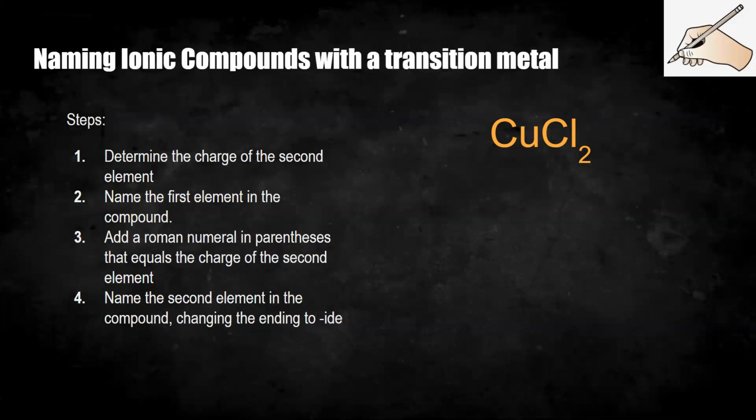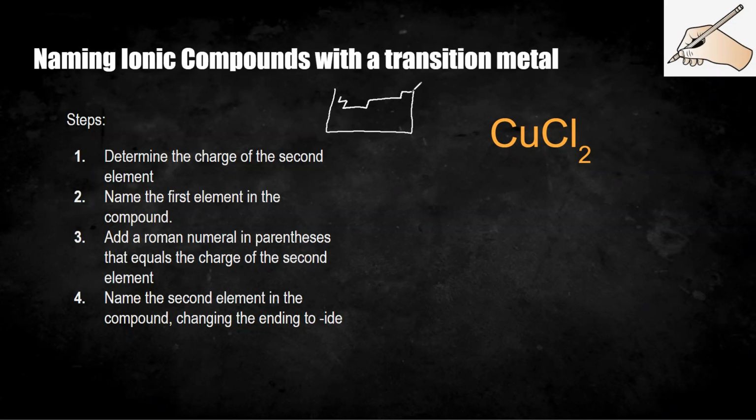Now let's talk about what happens when we have a metal in the transition metal part of the periodic table. Remember our periodic table structure. I'm going to give a brief outline. Our transition metals are in this category.